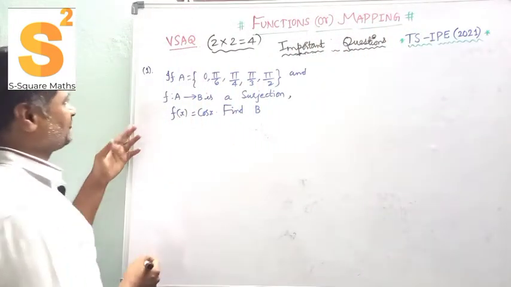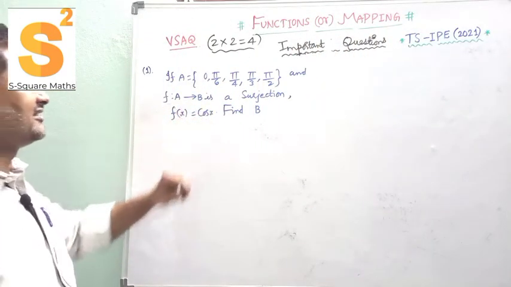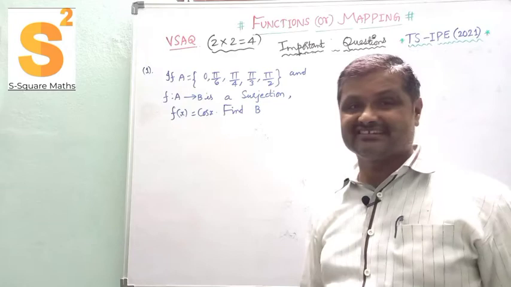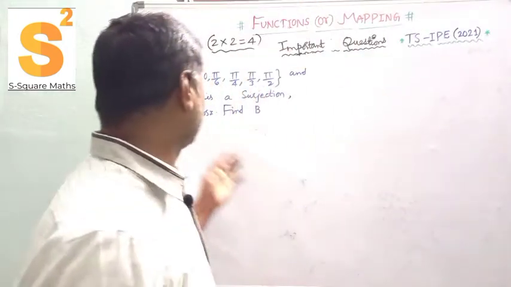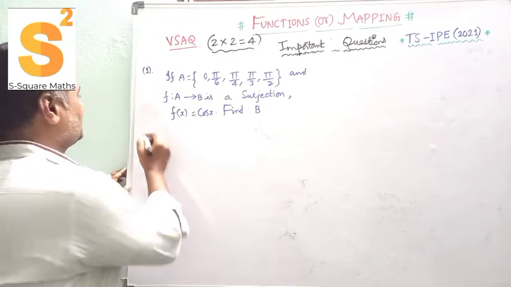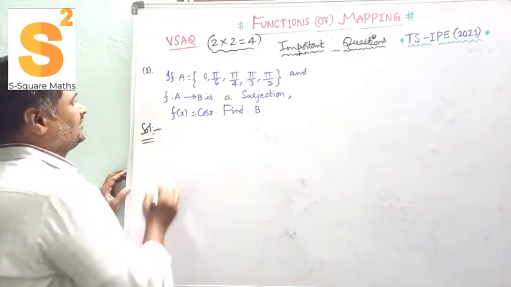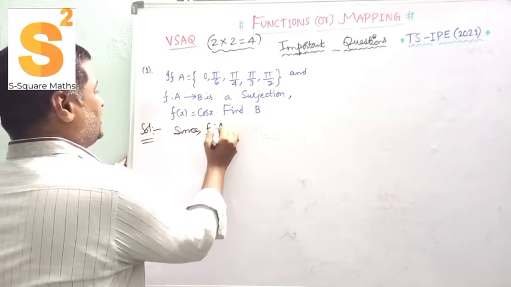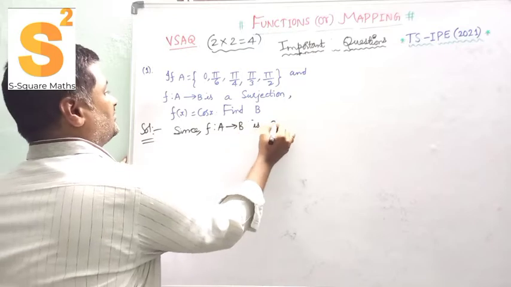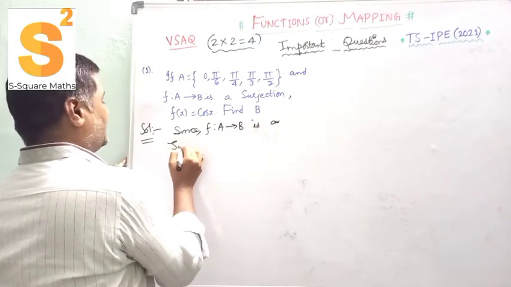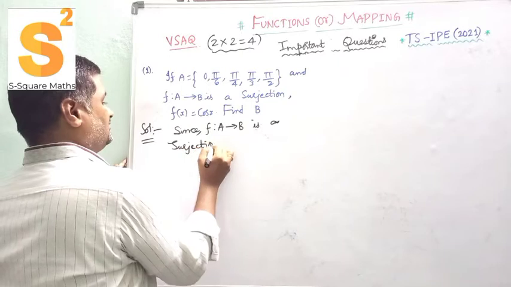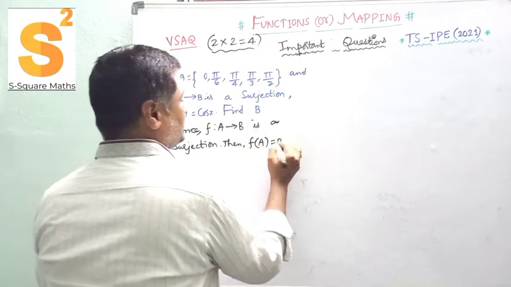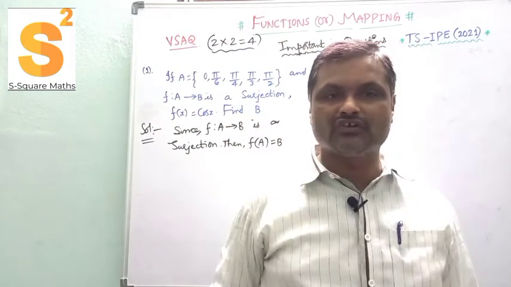Next, if A is equal to the set {0, pi by 6, pi by 4, pi by 3 and pi by 2}, and given that f maps from A to B is a surjection, nothing but onto, and given f of x is cos x, then find B. Solution: since f maps A to B is a surjection, then f of A is equal to B according to the definition of surjective mapping, nothing but onto functions.